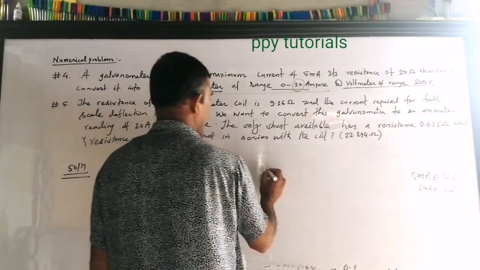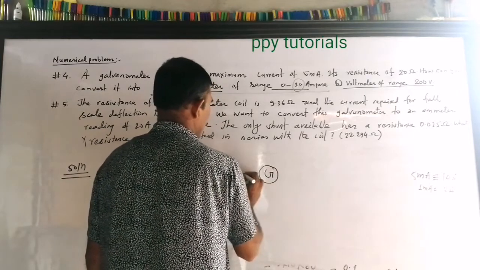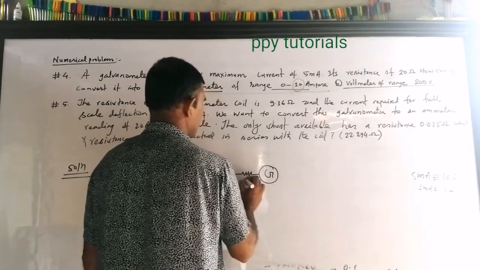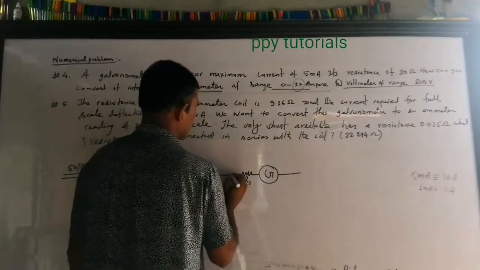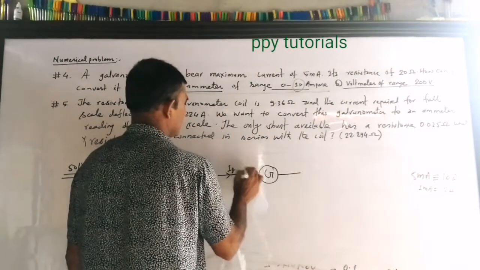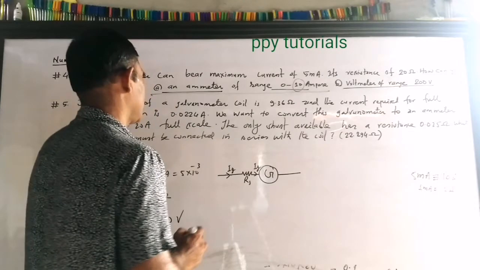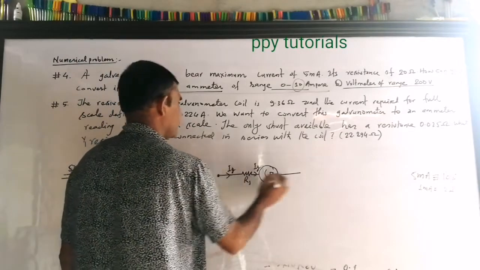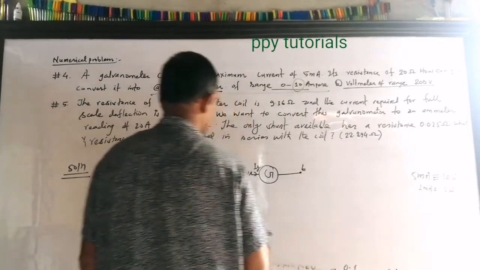Okay, again we have the galvanometer G, and here I am going to connect one resistance in series, so that the current Ig passes through both, because they are in series and the current remains the same. The voltage from this point to this point, I am writing A and here is B, you can denote yourself.